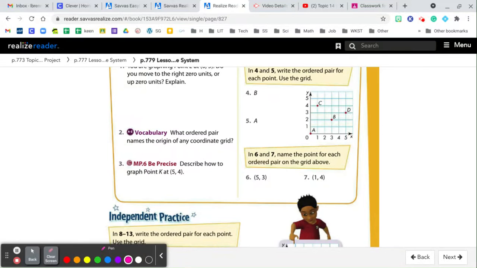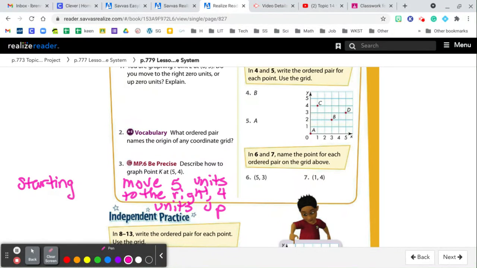Describe how to graph point K. So you're going to move 5 units to the right, and 4 units up. And I like to add starting at origin. This Savvis doesn't usually do that, but for programming, starting at origin. So you always want to start at origin.